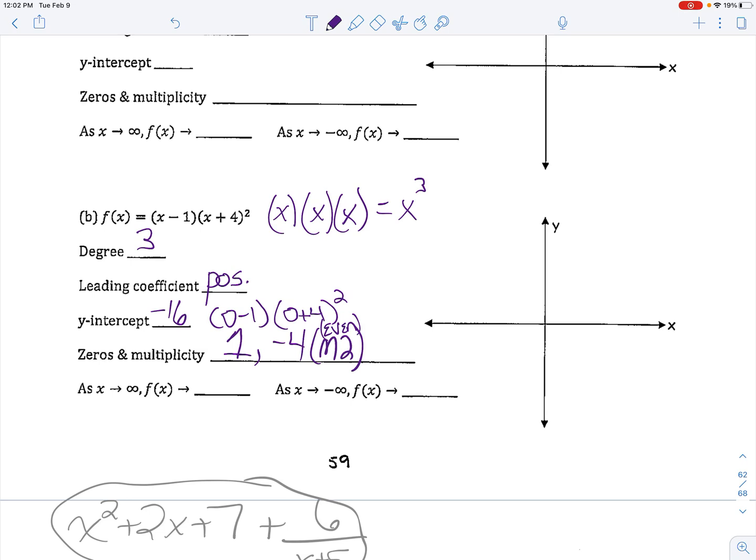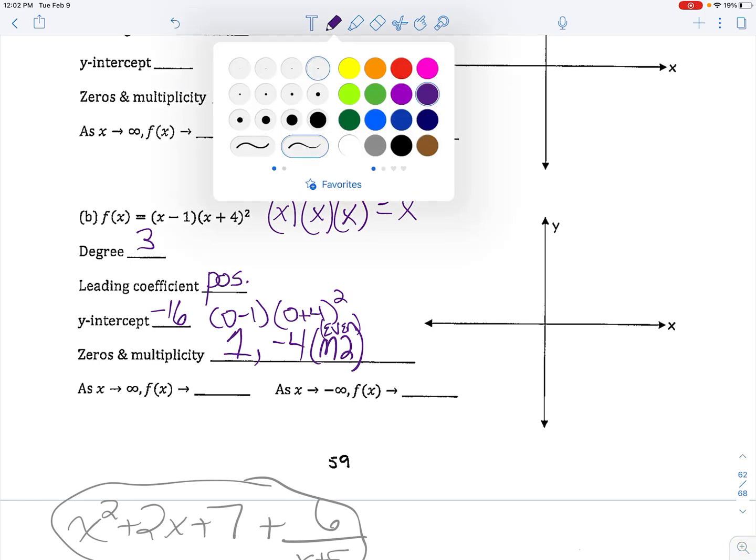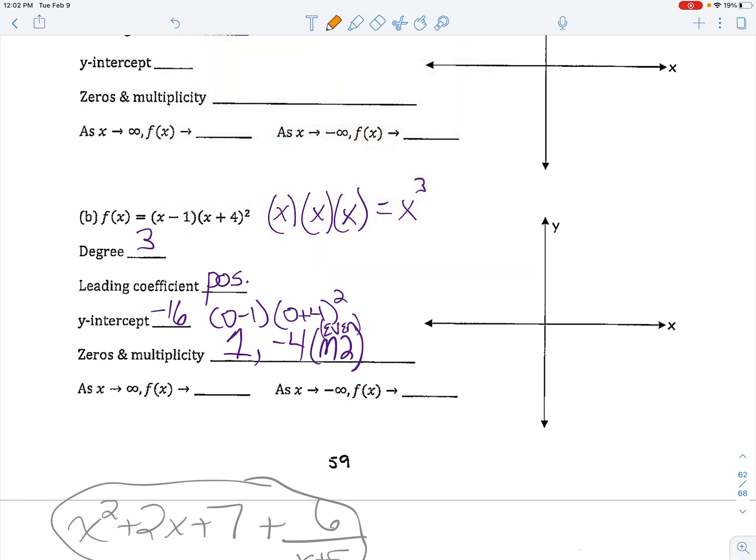All right, so what's the general shape of this guy going to be? It's a third degree function, so it's a cubic function. Odd powered function, meaning the end behavior is going to be different. Positive leading coefficient, so it's going to end high. That's how I think about it. Start low, end high.